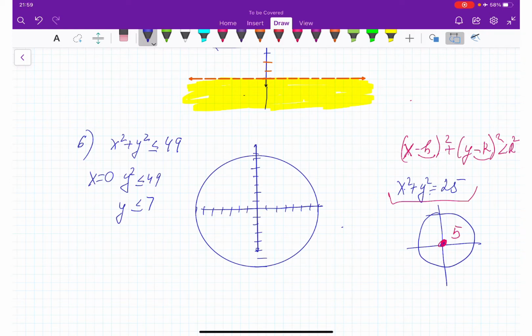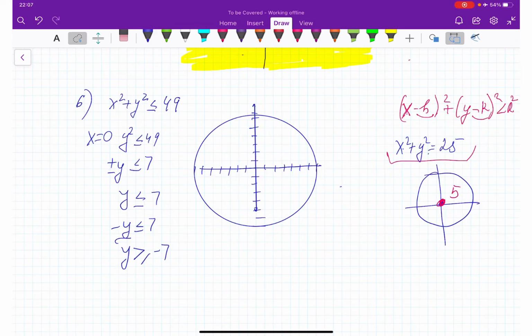And it's plus or minus y, so negative y is less than or equal to 7, which means y is greater than or equal to negative 7. So y is less than or equal to 7 and y is greater than or equal to negative 7.